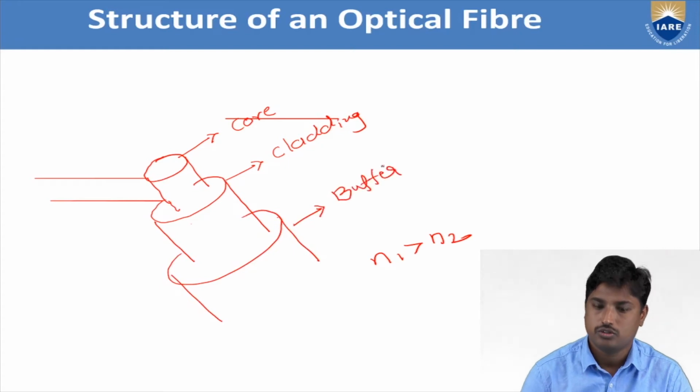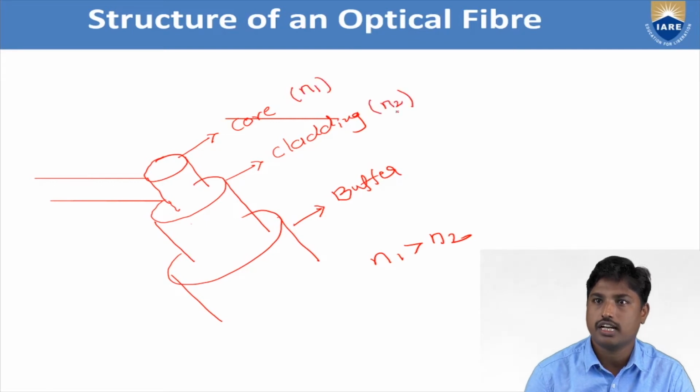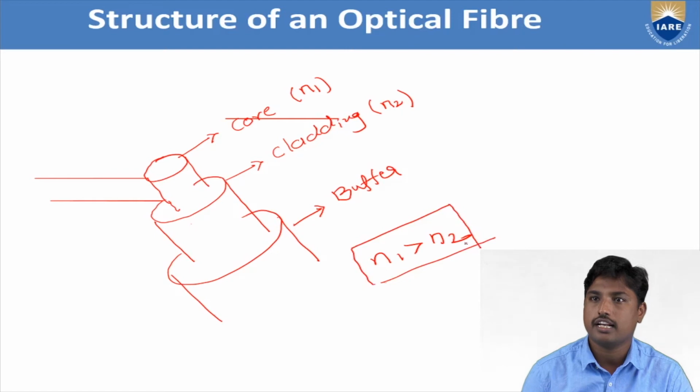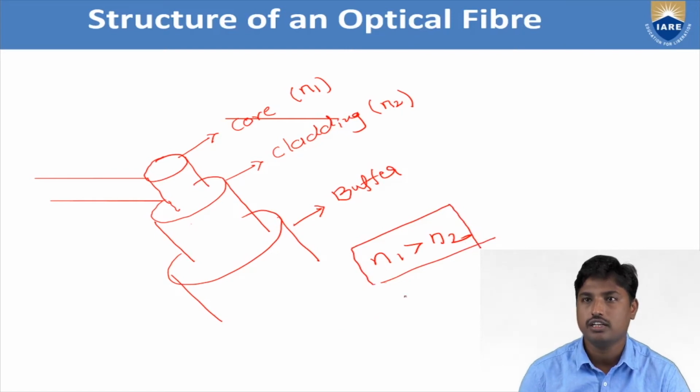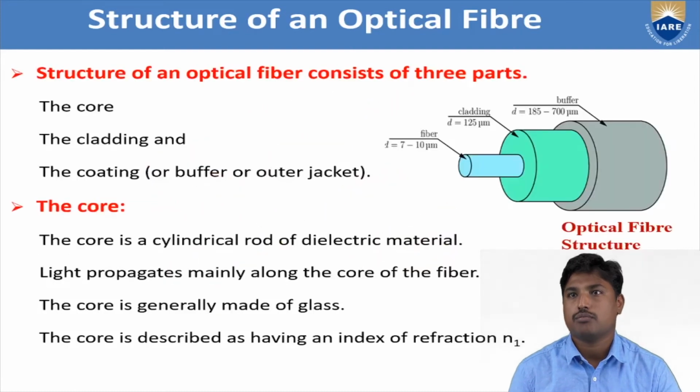The core refractive index is taken as n1 and the cladding refractive index as n2. To satisfy the condition of total internal reflection, n1 is always slightly greater than n2. You can understand this very easily when we discuss the principle of the optical fiber. So this is the structure of the optical fiber.